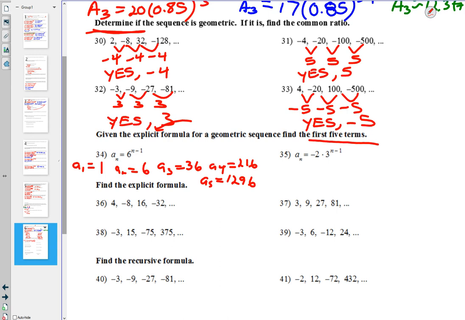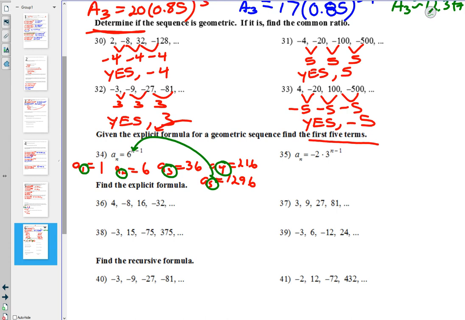But that could also have been done explicitly by taking turns plugging in 1, 2, 3, 4, and 5. Did you do a recursive function? Yeah, there's more than one way.